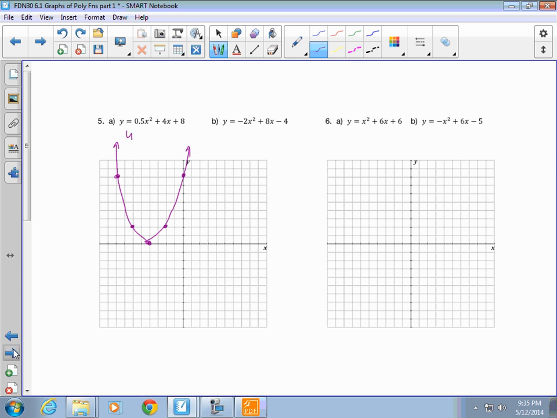So that's y is equal to negative 0.5x squared plus 4x plus 8.